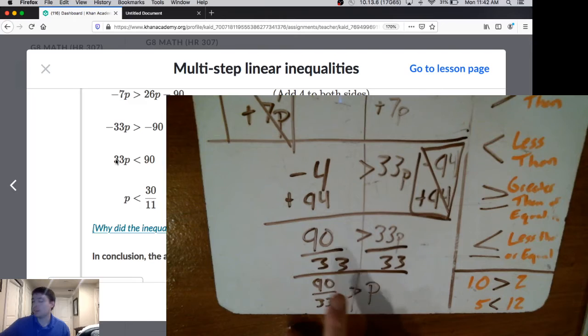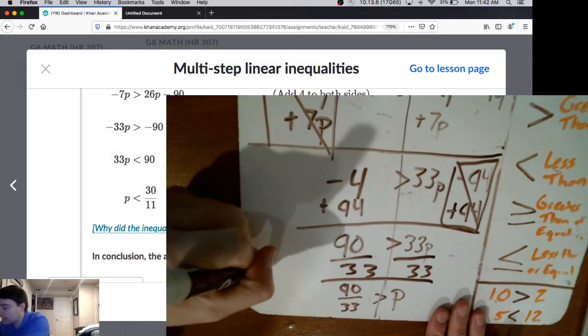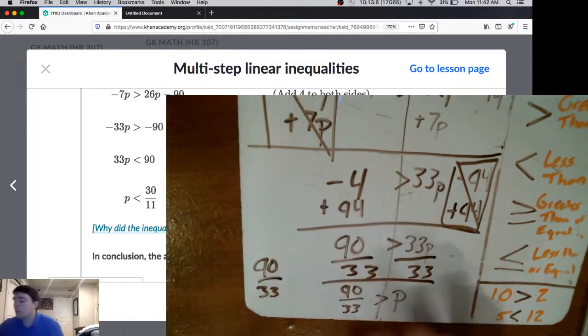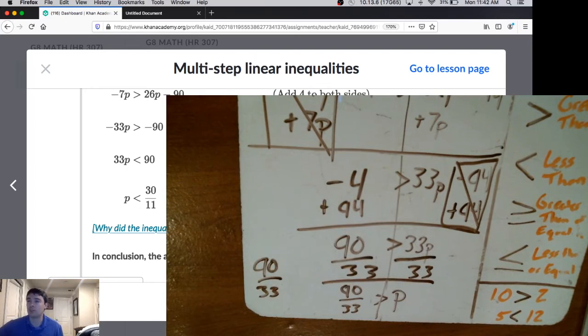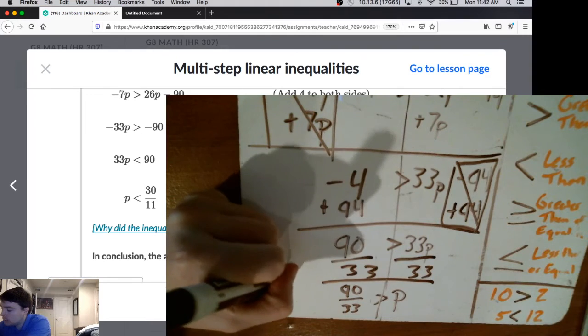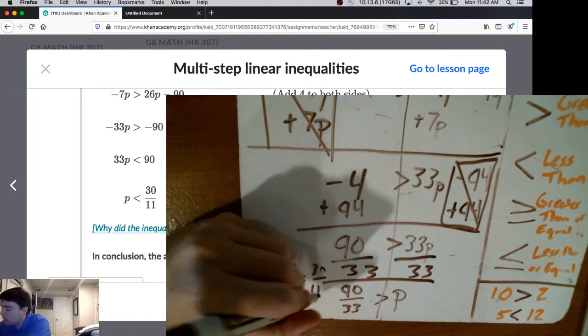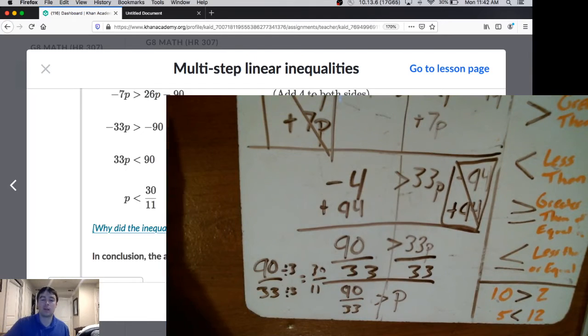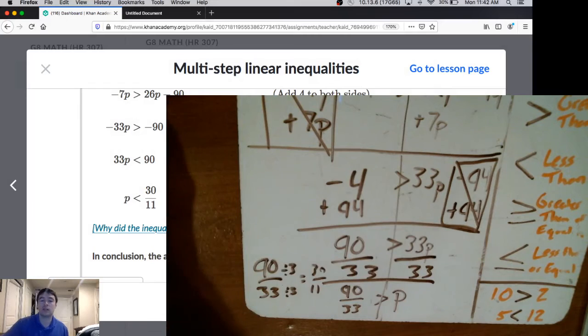But then they didn't do 90 over 33, they put the answer in as 30 over 11. What I need to recognize is that 3 can go into both 90 and 33, so this fraction could be simplified. If I divide them both by 3, I get 30 over 11. So that's how they recognize 90 over 33 needed to be simplified to 30 over 11.